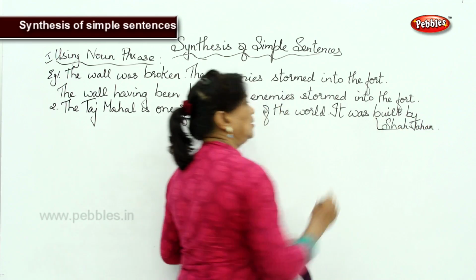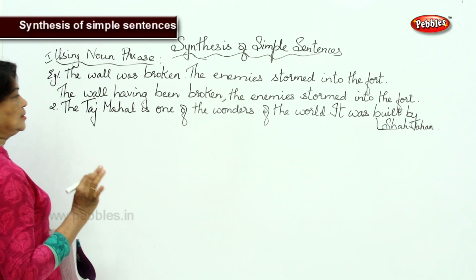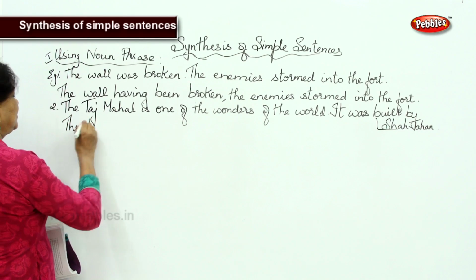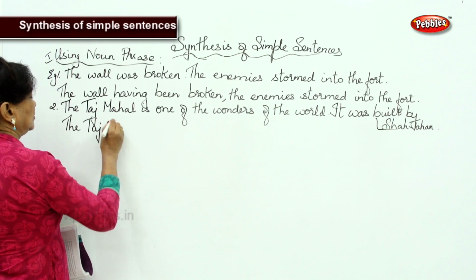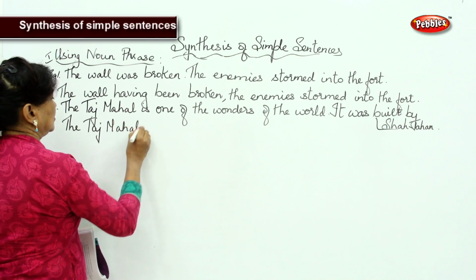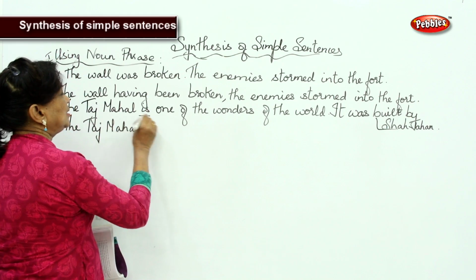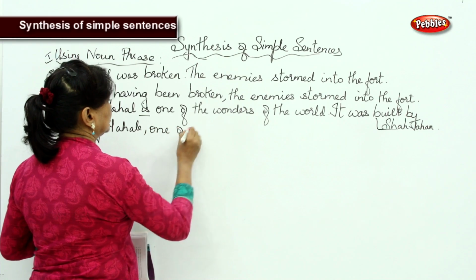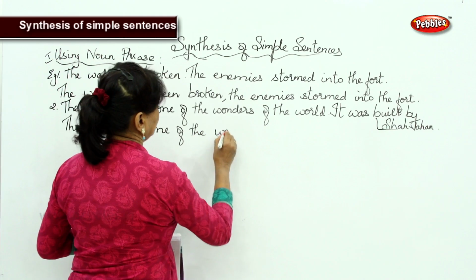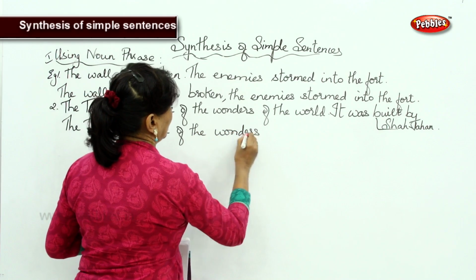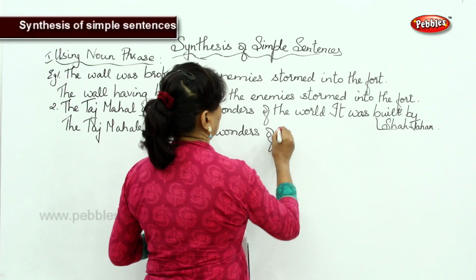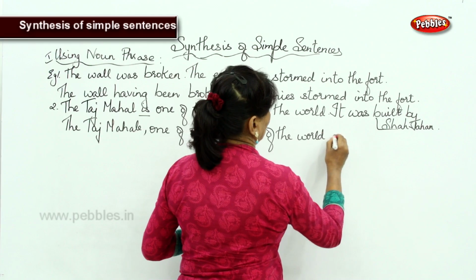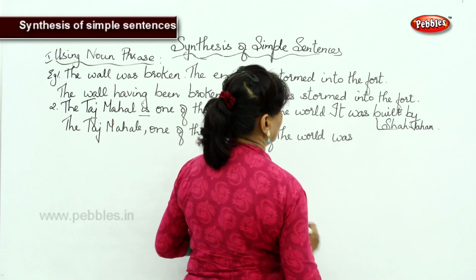Okay, now how will you change this into one single sentence? The Taj Mahal, comma, now you are not using this finite verb. One of the wonders of the world was built by Shah Jahan.